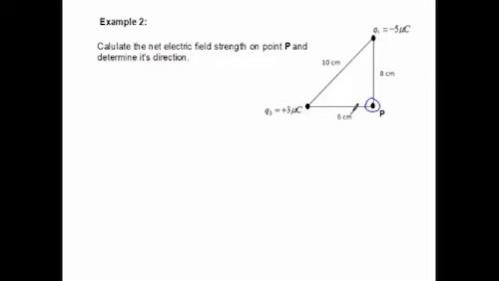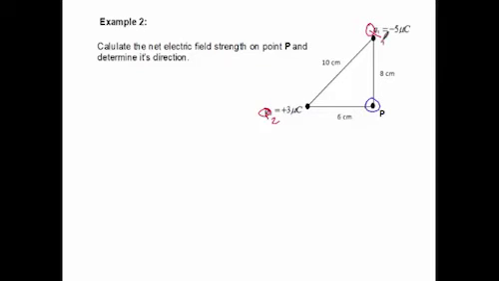First of all, we have to determine the direction of E1 and E2. Suppose this is Q2 and this is Q1. By mistake, it was written Q3; this is Q2 and this is Q1.